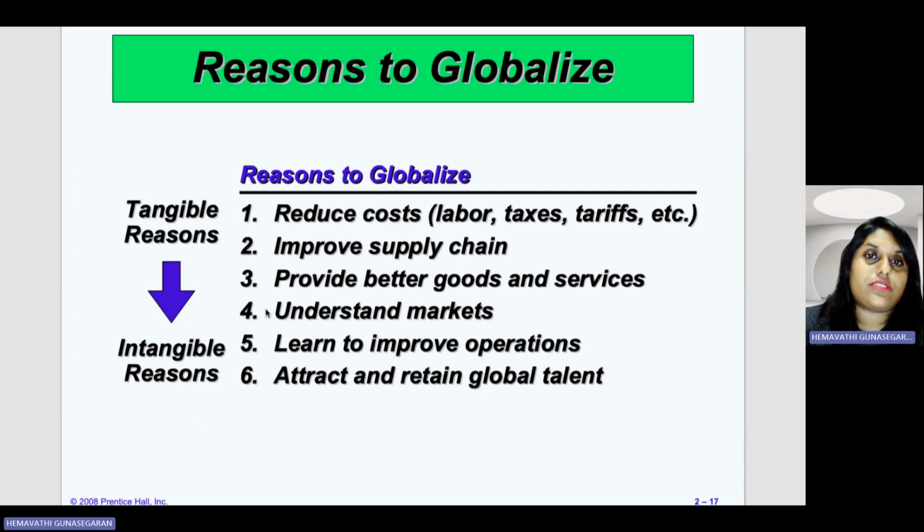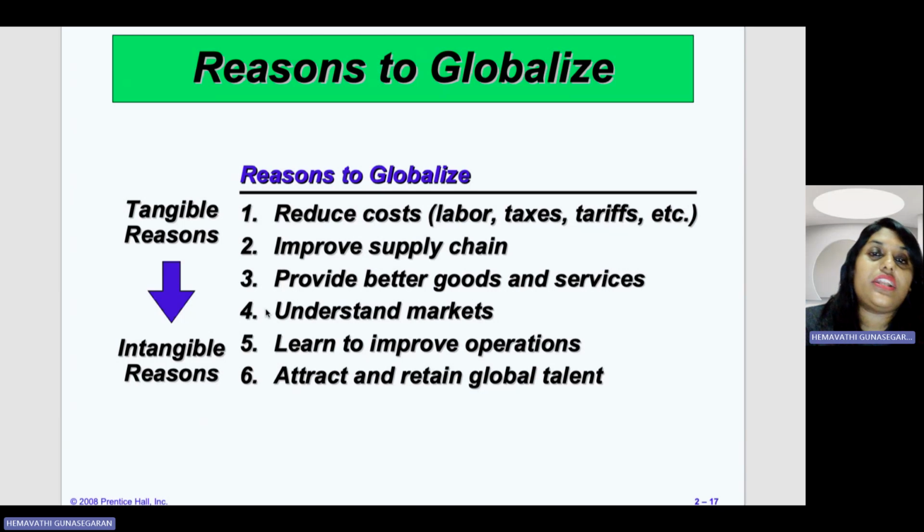Sometimes people think that it is going to be high cost, but in actual fact, if you compare suppliers from Malaysia with suppliers from China, you would notice that it is going to reduce your cost so much, mainly when you buy in bulk, in wholesale. So in terms of labor, in terms of taxes, in terms of tariffs, and so on.